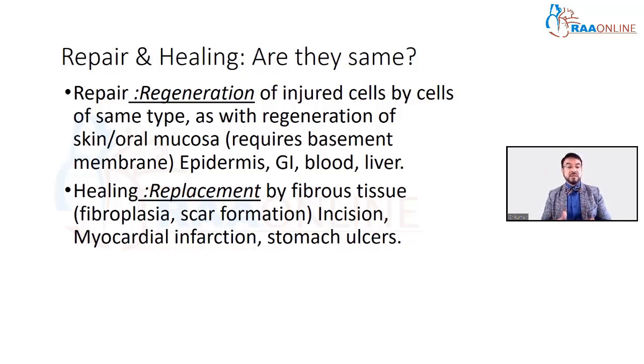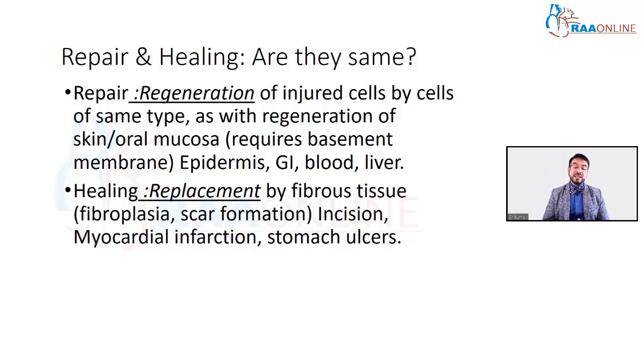But in the second part, I do not have the component of the engine, so I replace it with a bandage or a tape around it. And that tape is a scar. So in healing, it is a replacement by fibrous tissue. That is, the connective tissue is replaced by a scar. This is also called fibroplasia, that is proliferation of fibrous tissue, which results in a scar formation.